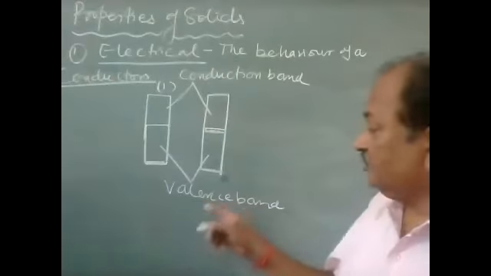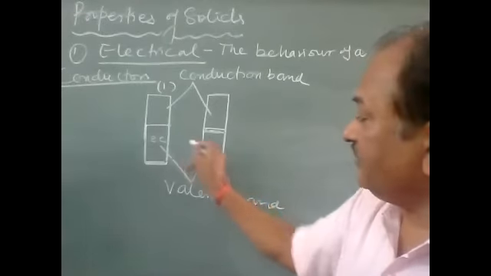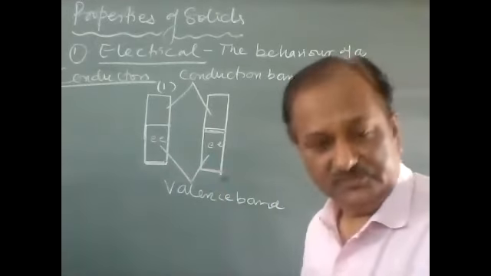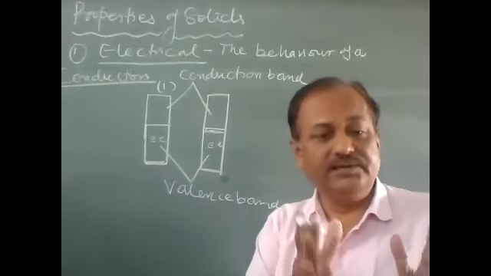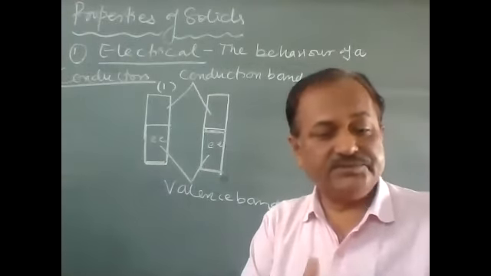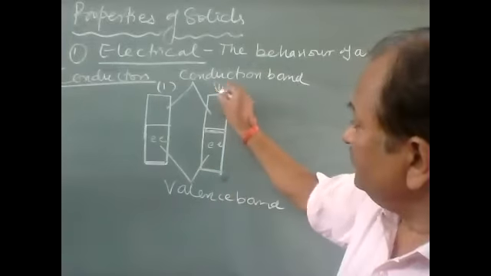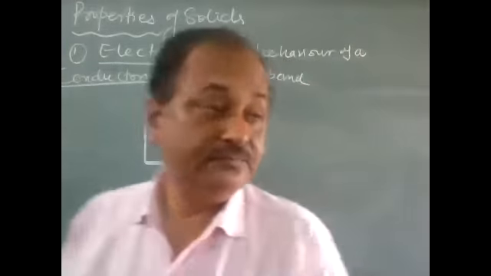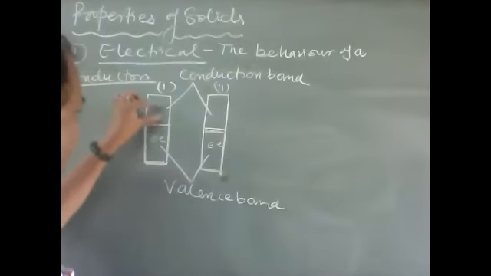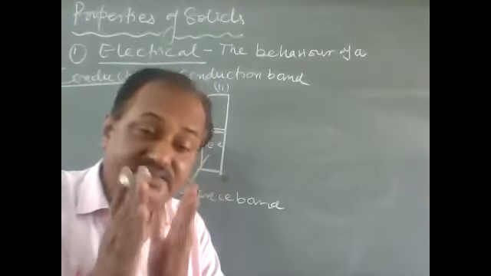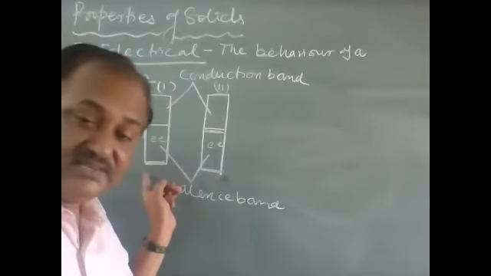So electrons, you have a previous knowledge, electrons are present in the valence band. And so it is actually a new concept to explain the difference in the insulators, conductors and semiconductors. Now in the first condition, the valence band and conduction band just touch each other.